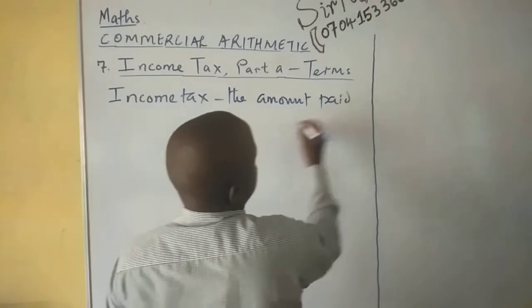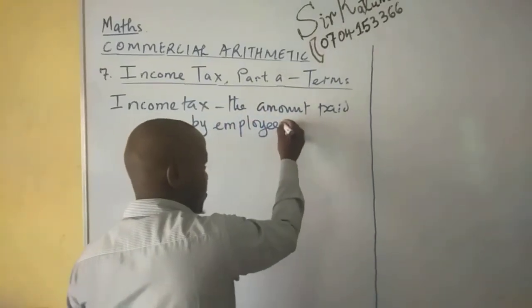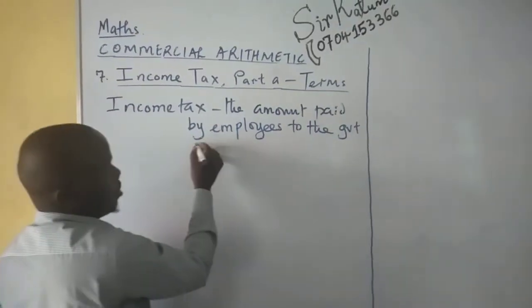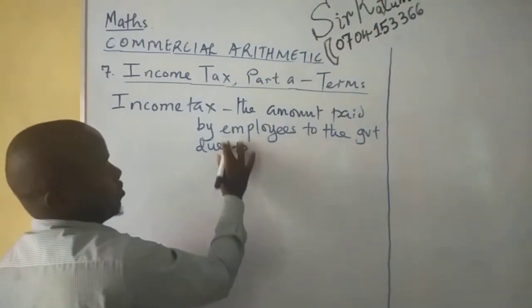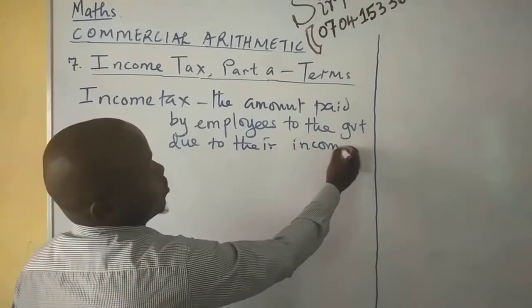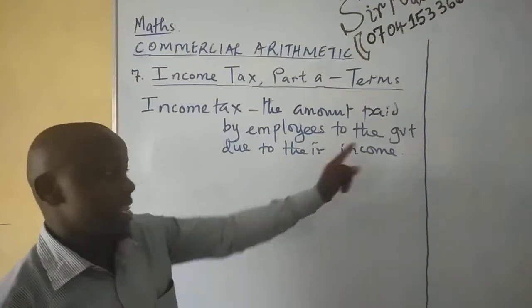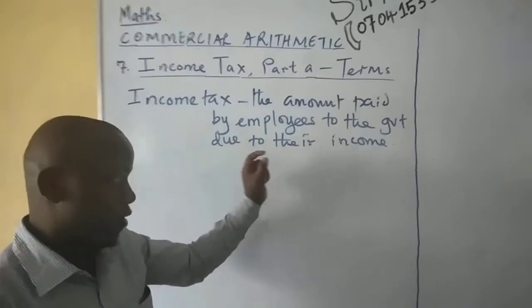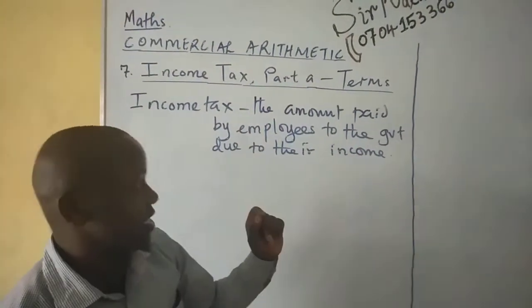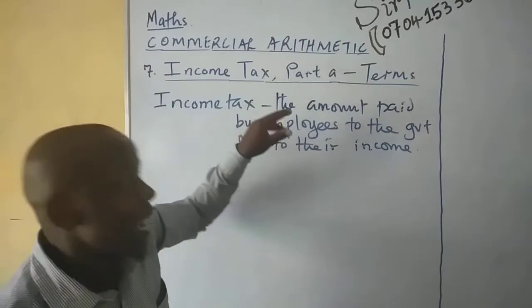So you get some income, there is a requirement by the government that you take a portion of it to the government, and that portion which we take to the government due to our incomes, we're calling it income tax.